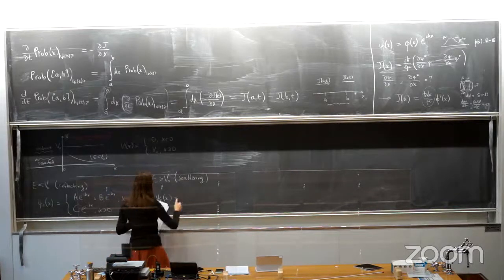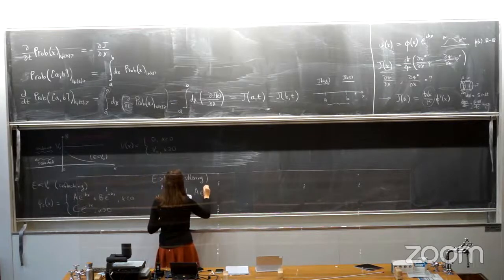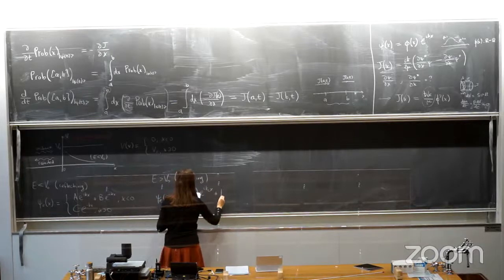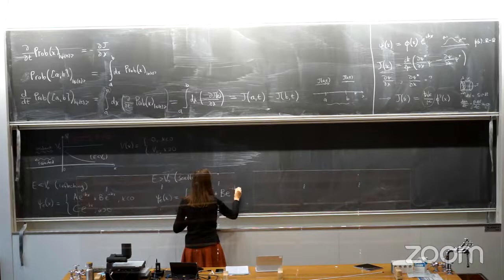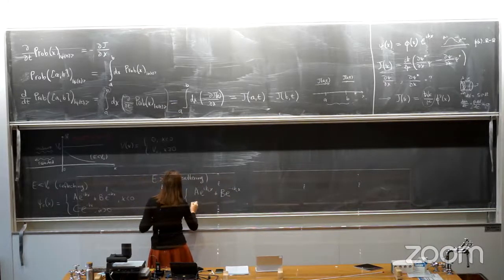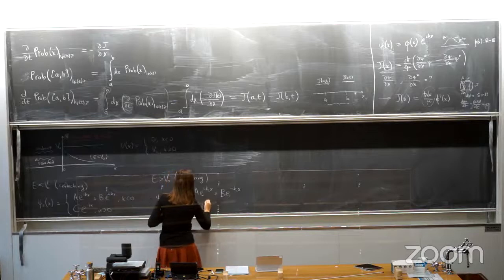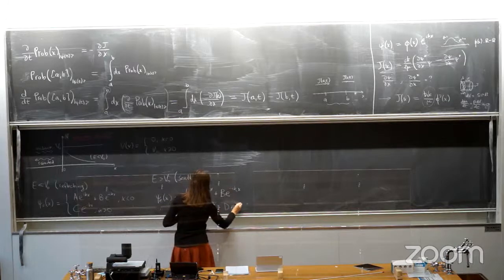A e to the power i k_L x plus B e to the power minus i k_L x. And here we just have C e to the power i k_R x plus D e to the power minus i k_R x.